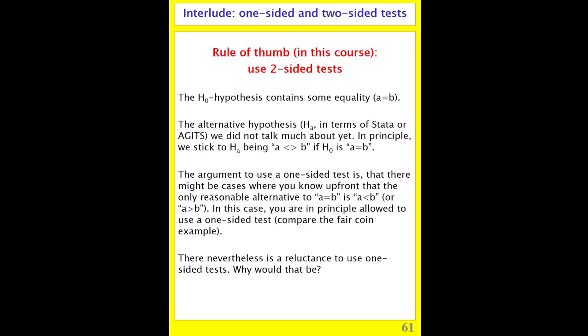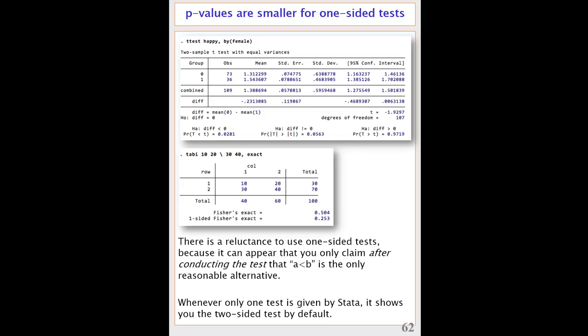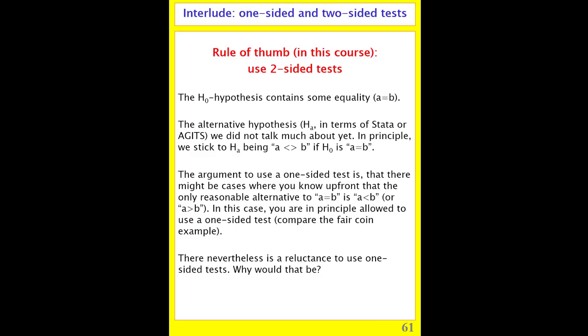Okay, this one I want to skip for now. I talked about it already, so let me just burn it in. Two-sided tests and one-sided tests. The number one rule to remember: let's stick to two-sided tests because that's the safest.